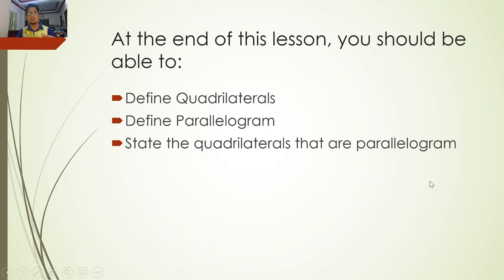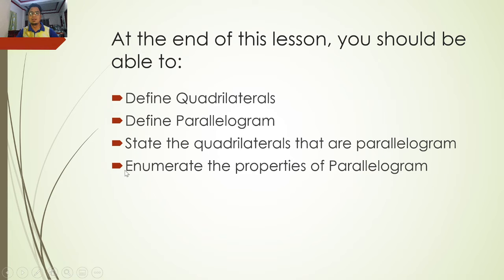Ano-ano ba itong mga quadrilaterals na pwede nating i-consider na parallelogram talaga? Under siya directly sa parallelogram. Next one, we have to enumerate the properties of parallelogram. Dapat alam natin ano ba yung property, ano ba yung pagkakakilanlan na itong quadrilateral na to, parallelogram. Okay?